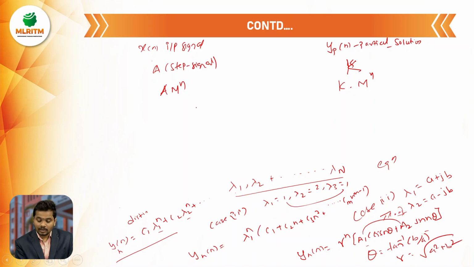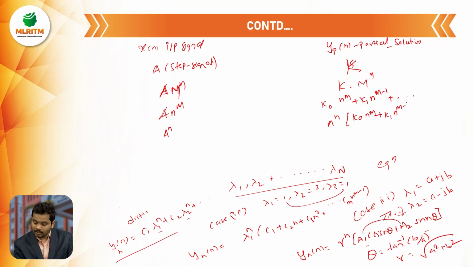Similarly a into n power m, where the step signal is multiplied by n power m, gives k0 n power m plus k1 n power m minus 1 plus so on. Similarly a power n times n power m gives a power n times k0 n power m plus k1 n power m minus 1 plus so on.